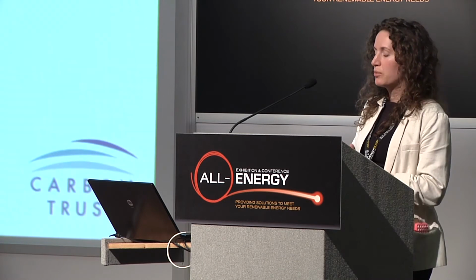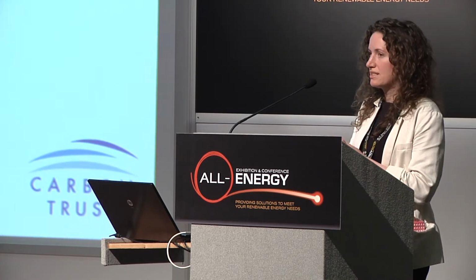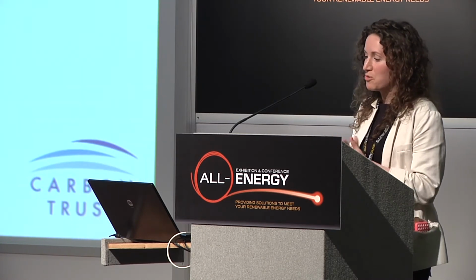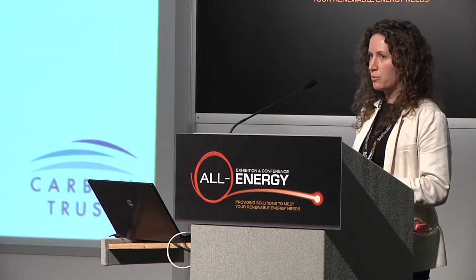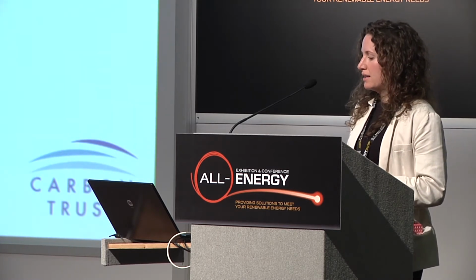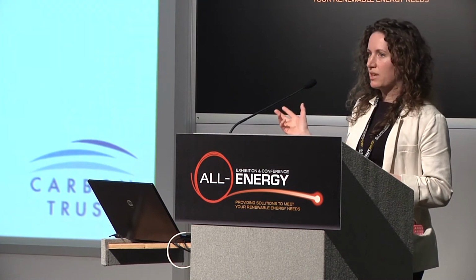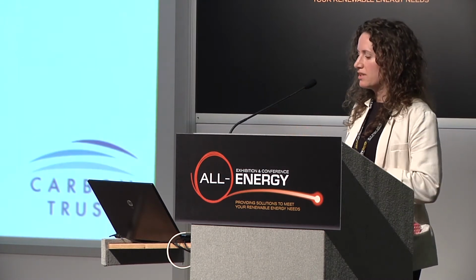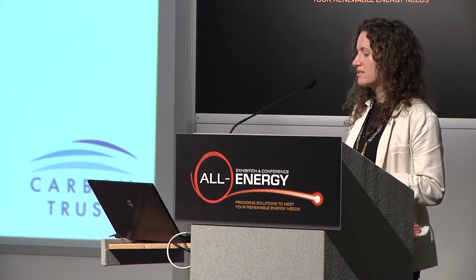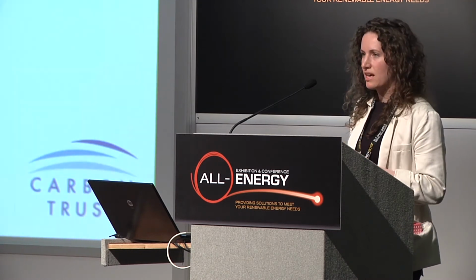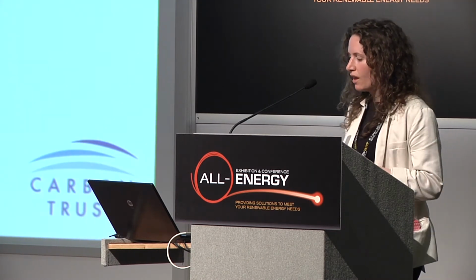So a couple of examples. The first is the Offshore Wind Accelerator program, which is very well known now. It's a program that's run with the Carbon Trust. And basically, the diagram here helps to explain how it works. So you've got a steering committee of site developers, and they're specifically chosen because they have similar goals and aims.